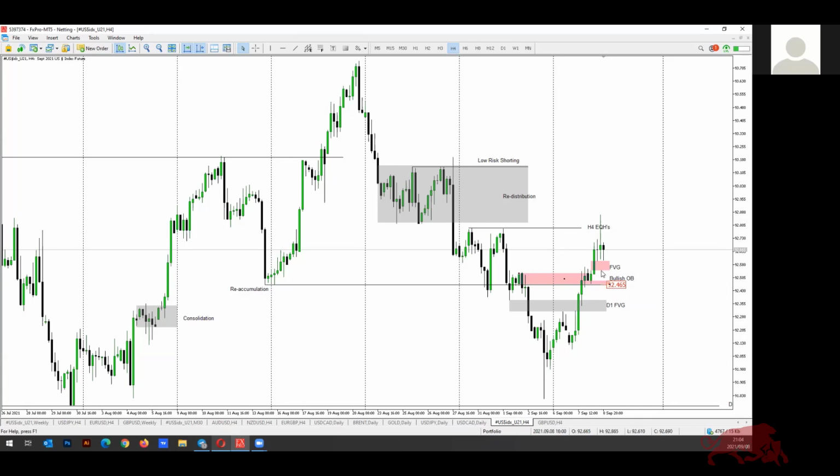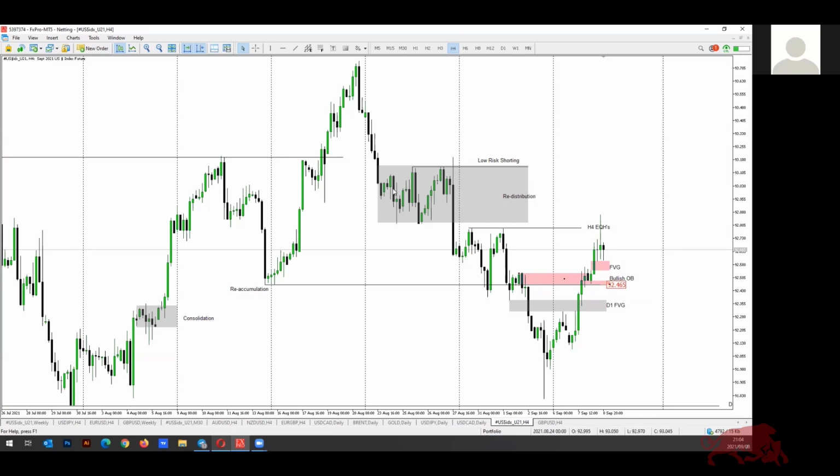But now the way we are going to close below it is crucial. We need to see a big bodied candle that's going to close below. If we get price forming a base around this price action, then the chances are very likely that it might push to the upside.